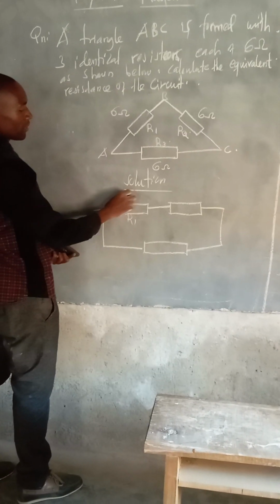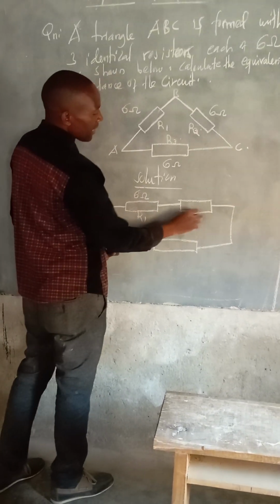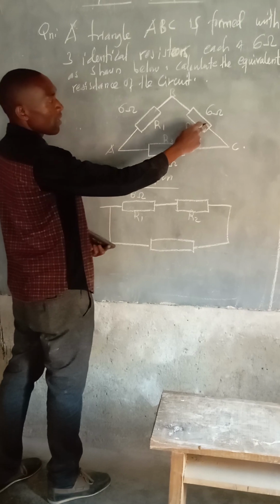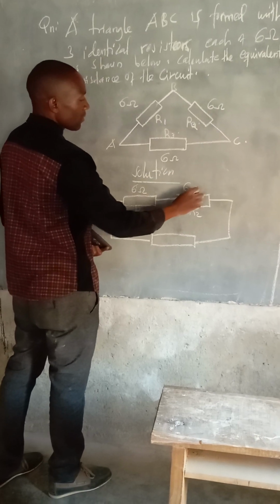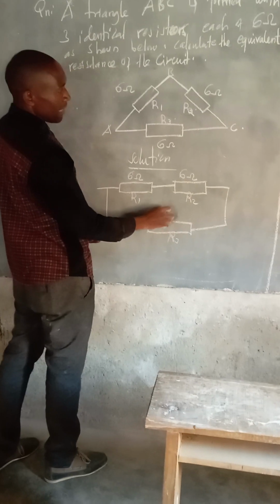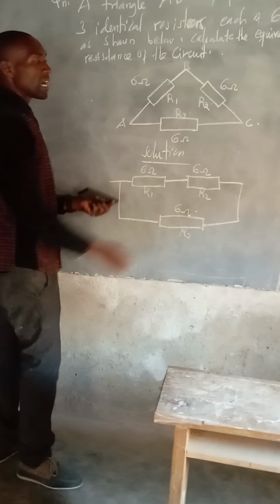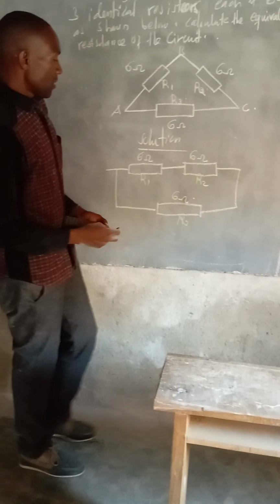This one is 6 ohms. Resistor 2 is here, and it is also 6 ohms. And finally resistor 3, also 6 ohms, because those are identical.